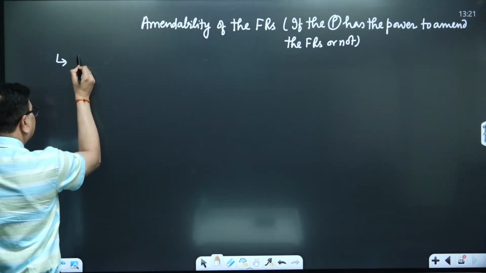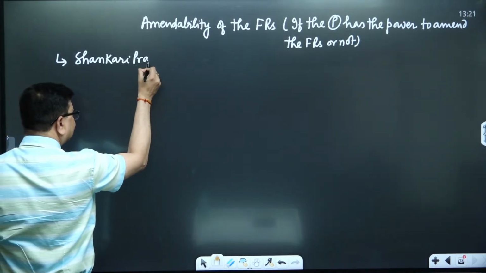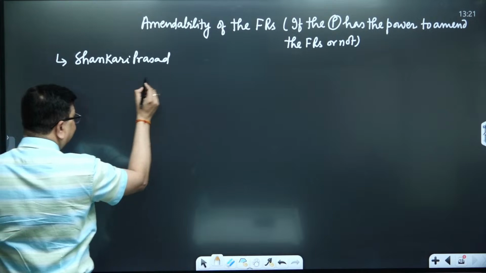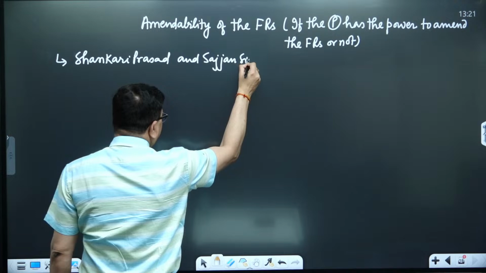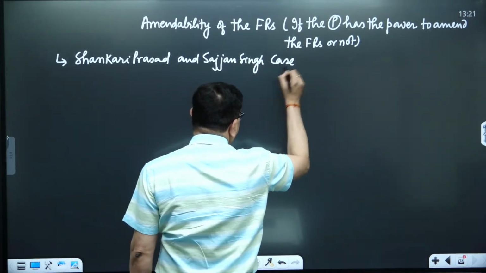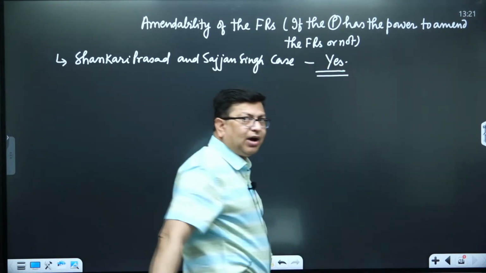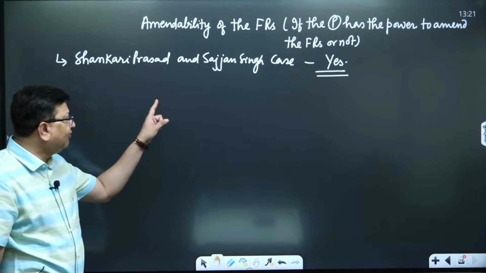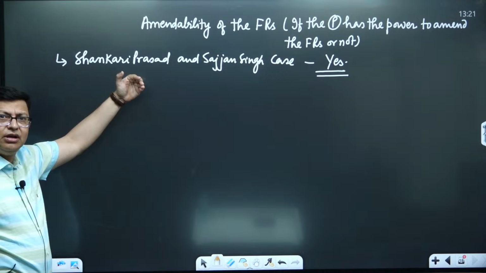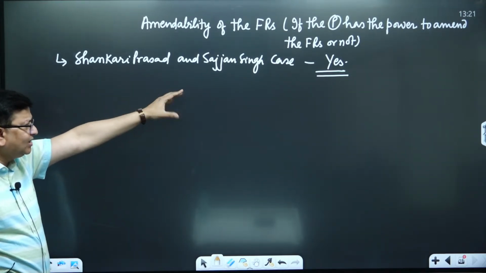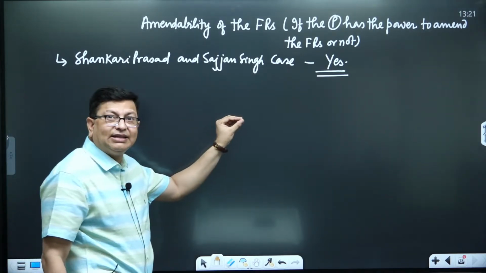In the Shankari Prasad and Sajjan Singh cases, the Supreme Court said yes, the Parliament has the power to amend the fundamental rights. Shankari Prasad was a different case, Sajjan Singh was a different case, but the judgment was the same. So in these two cases, the Supreme Court said yes.